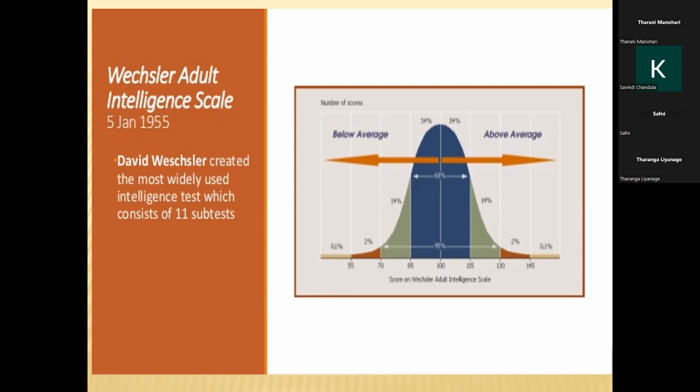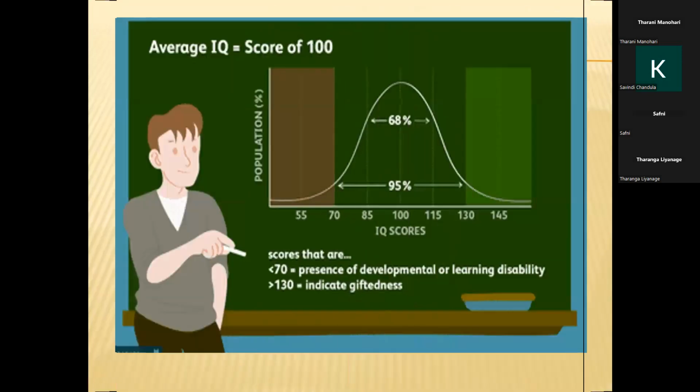But in some cases, it can be around 140. Some of you may go up to 170. But beyond 130, we should understand there's only about 2%, or 2.1%. They are the geniuses in the world. We don't know whether we are.